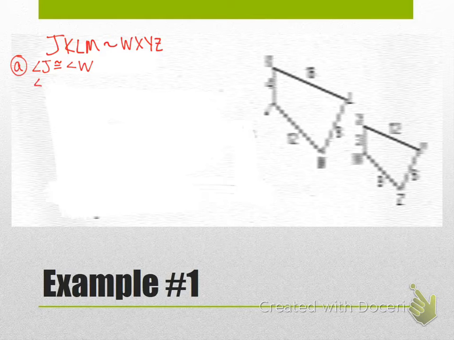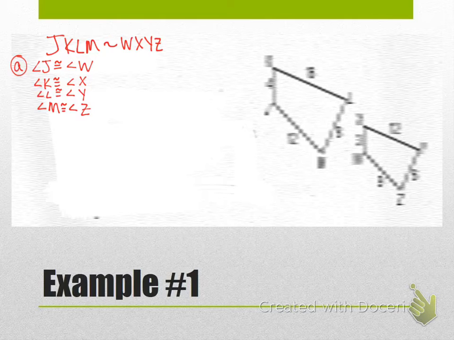Which means that angle K is congruent to angle X, angle L is congruent to angle Y, and angle M is congruent to angle Z. Okay, so up above we wrote that in similar figures, corresponding angles are congruent. That part will feel familiar.